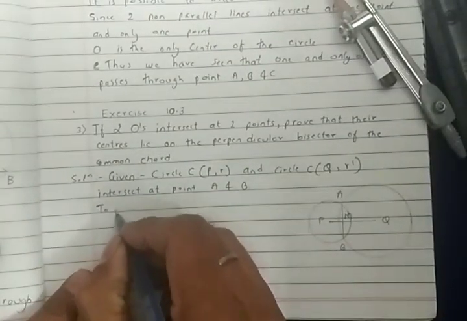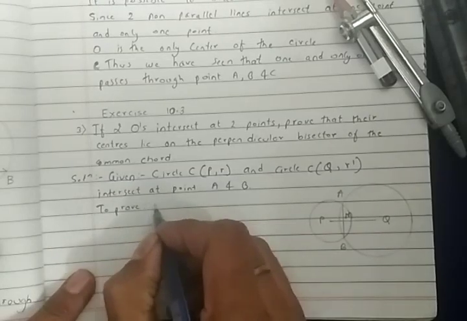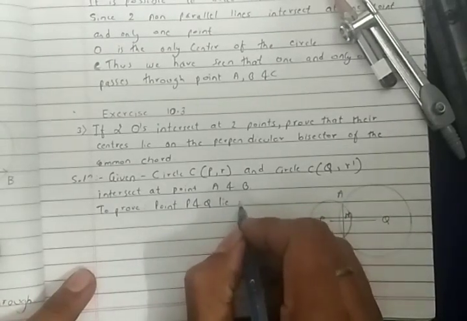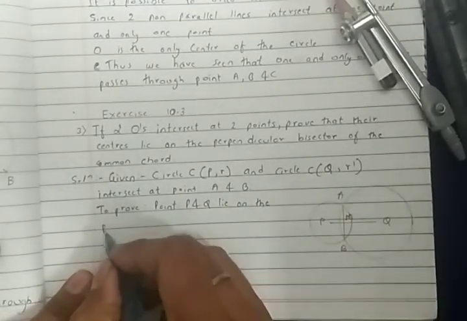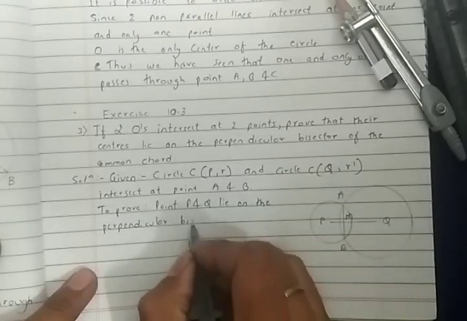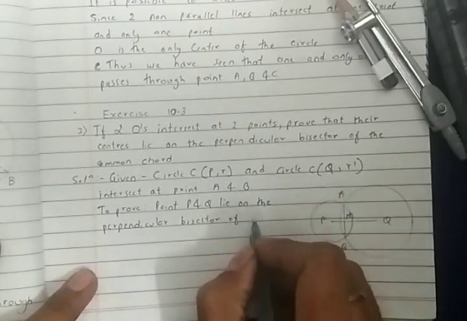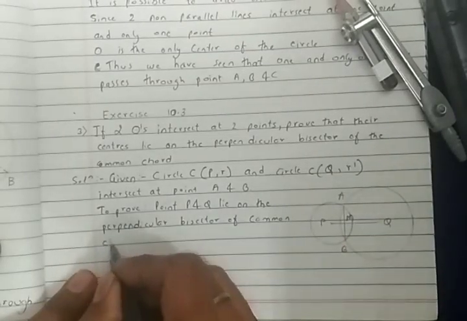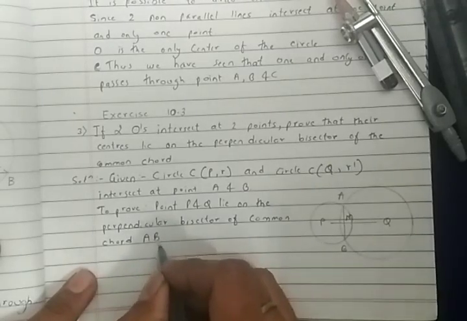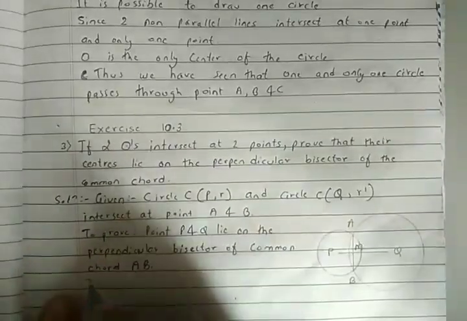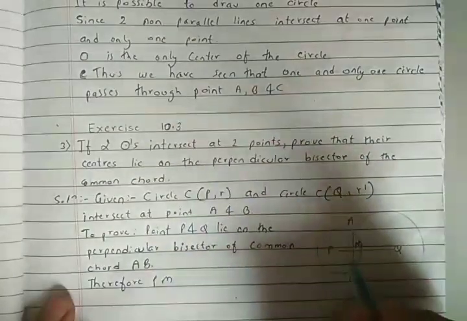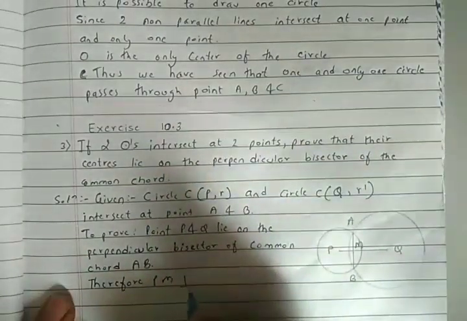We have to prove that points P and Q lie on the perpendicular bisector of common chord A, B. Therefore, you can write that this PM is perpendicular to AB.